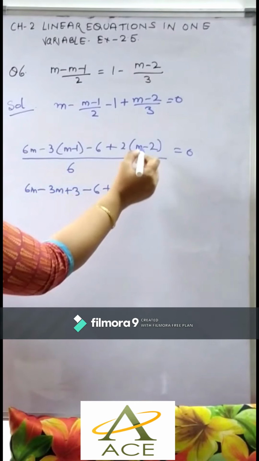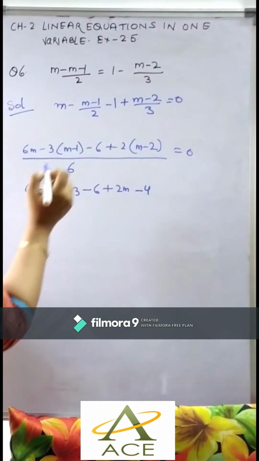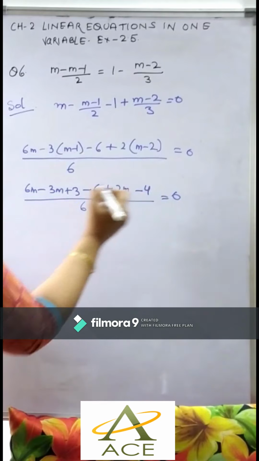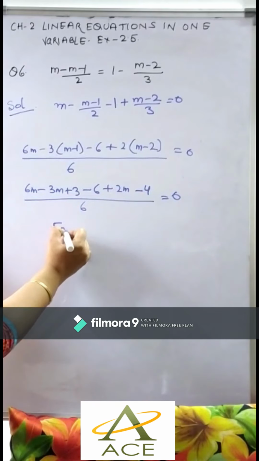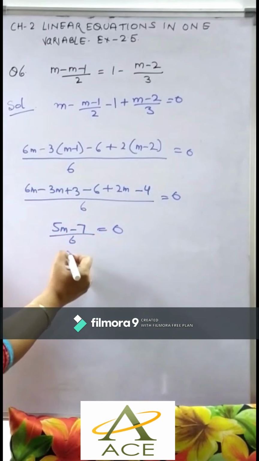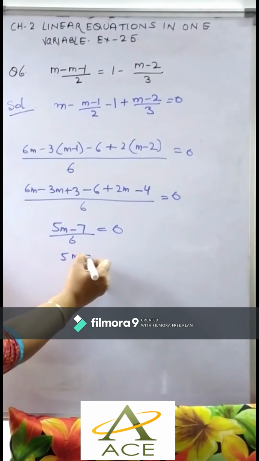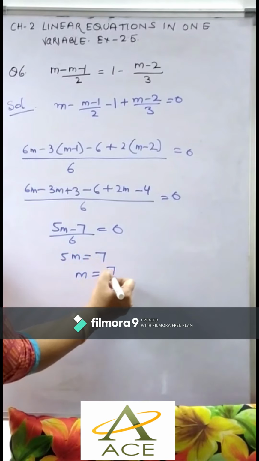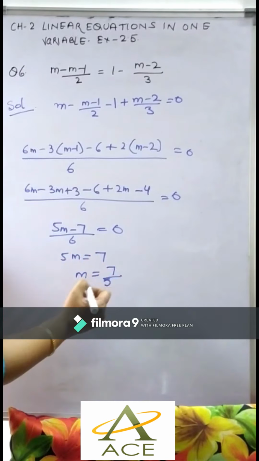Here the sign will not change as it is plus outside. Upon 6 is equal to 0. 5m minus 7 upon 6 is equal to 0. 5m is equal to 7 and m we will get as 7 upon 5.